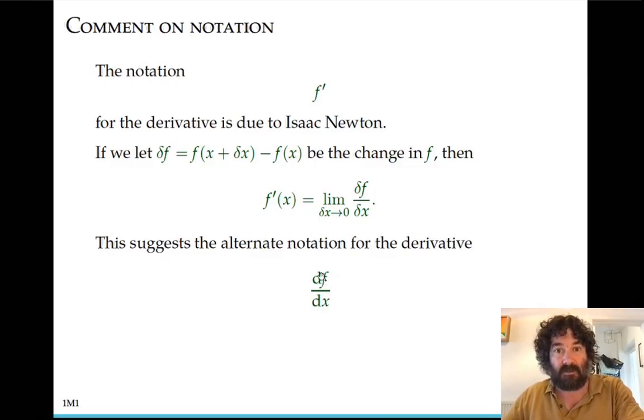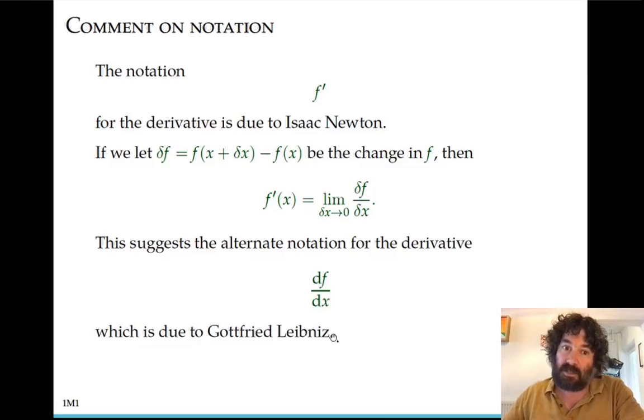You think of this as one function, df dx, and it just means the same thing as this notation with the prime, the derivative of f. It's a function, and at every point gives the slope of the tangent line to the original function f. And this second notation is due to Leibniz, who discovered calculus at the same time as Newton.